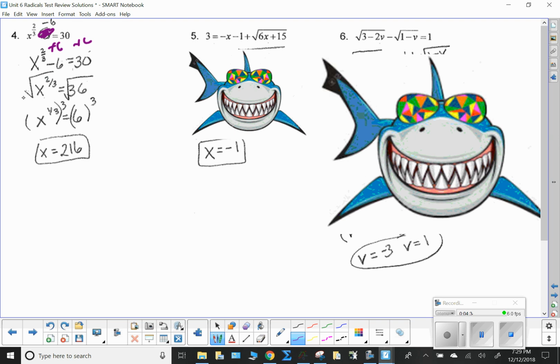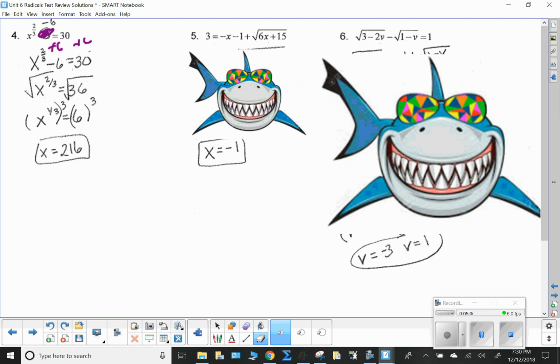It's a square root, okay, where it's x to the 2/3. So remember that x, this is power, and this is root. So what I need to do is I need to take the square root of both sides. That gives me x to the 1/3 is equal to 6. Now I'm going to cube it and I get 216.